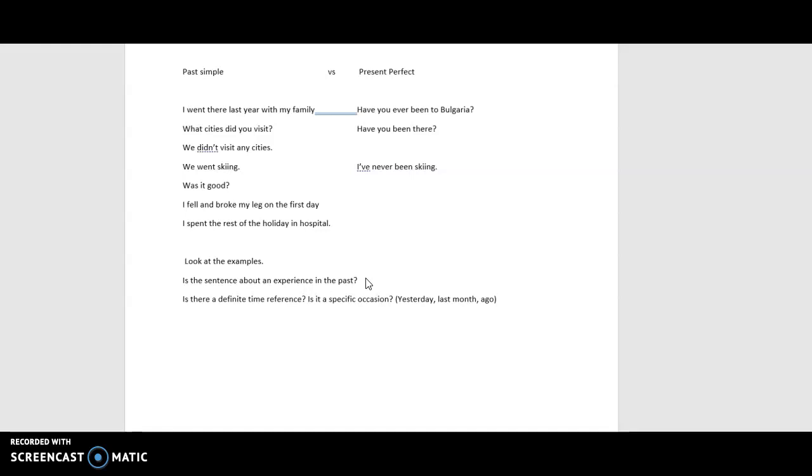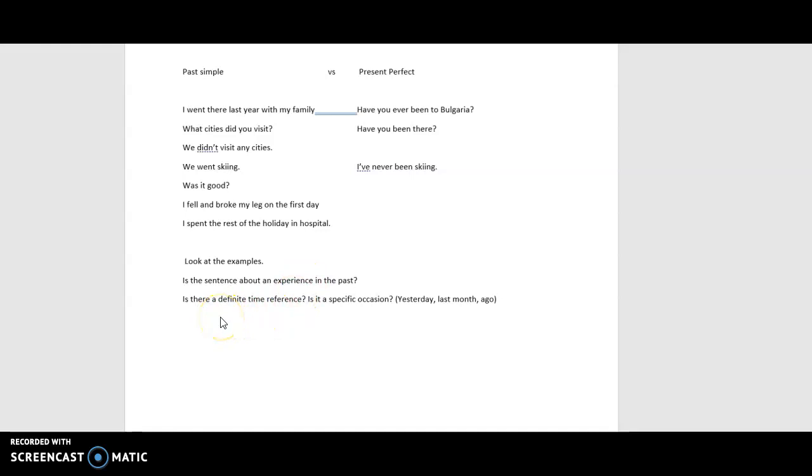About something that happened in the past? Well, that will guide us to think, yes, that it's the present perfect, because we usually use the present perfect to talk about experiences in the past, cosas que hice en un pasado que forman parte de mi experiencia.